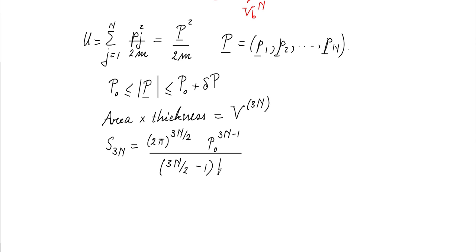So this is a formula that I can just look up, and I have used that here. And we have to multiply that by the thickness. So this is the area. And the thickness is obviously my delta P, the delta P which I have there.